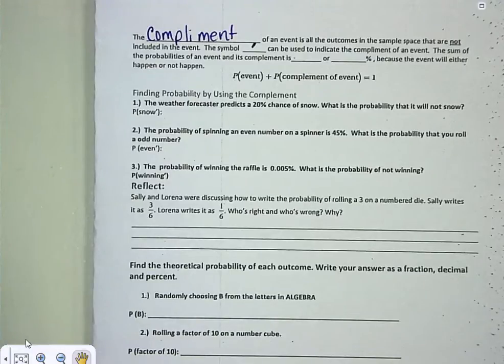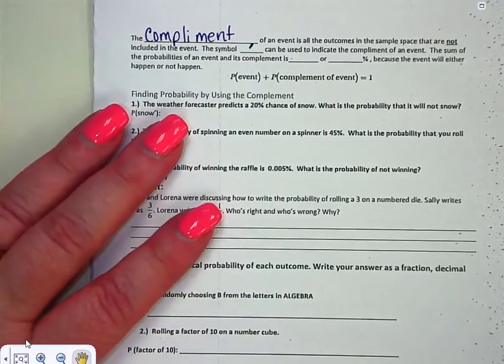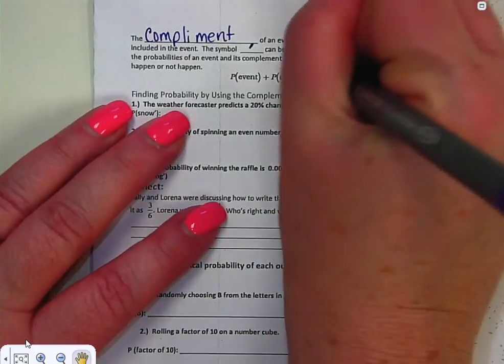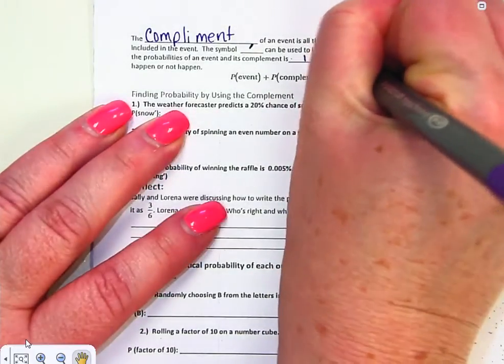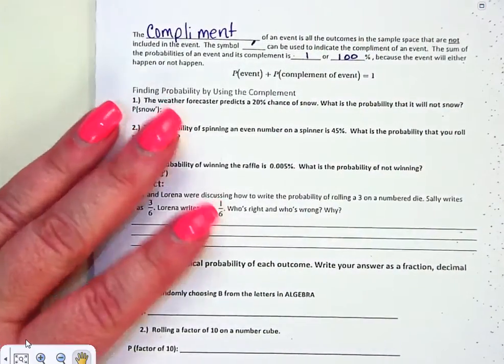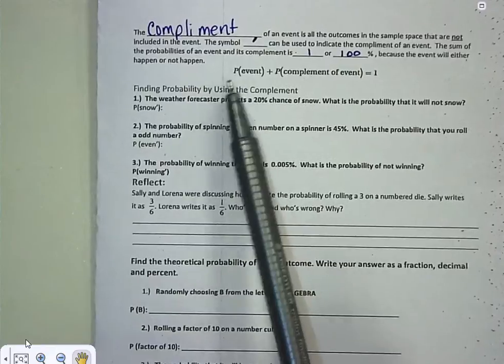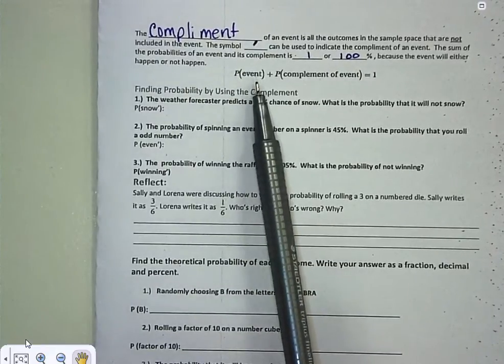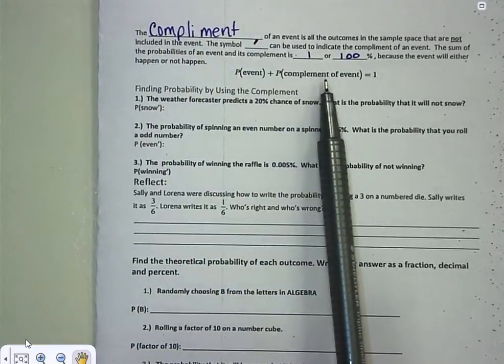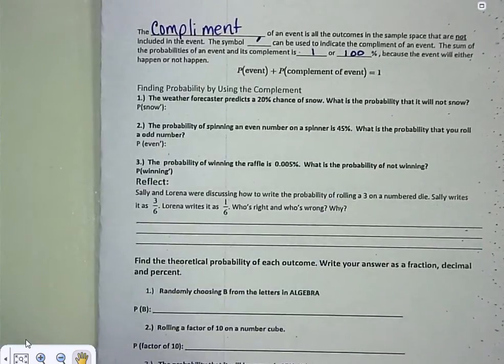The sum of the probabilities of an event and its complement is 1 or 100%. An event and its complement have to add up to 100% because the event will either happen or not happen. So this is the math problem: the probability of the event plus the probability of the complement of the event always equals 1.